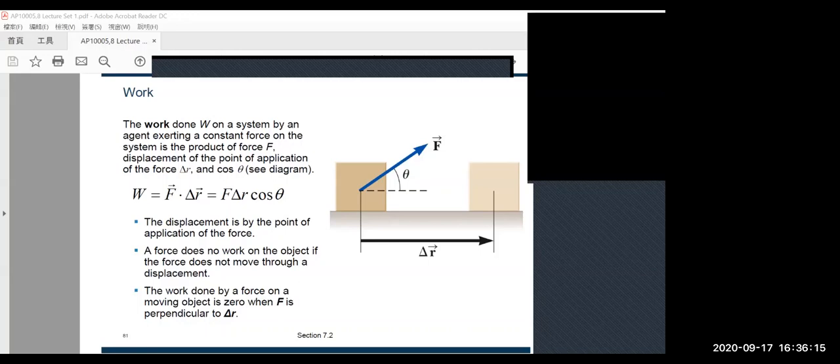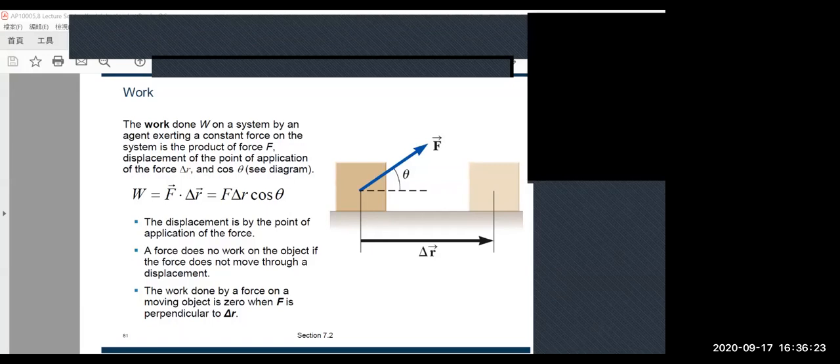The idea is quite easy to understand. For example, when you have this force that is exerted on the object during the course, assuming there are no other forces acting on it, you have the displacement delta r.